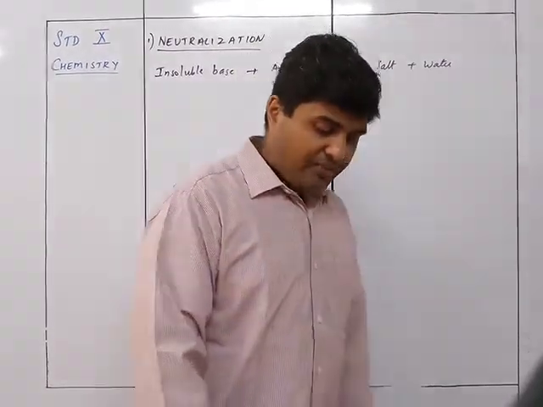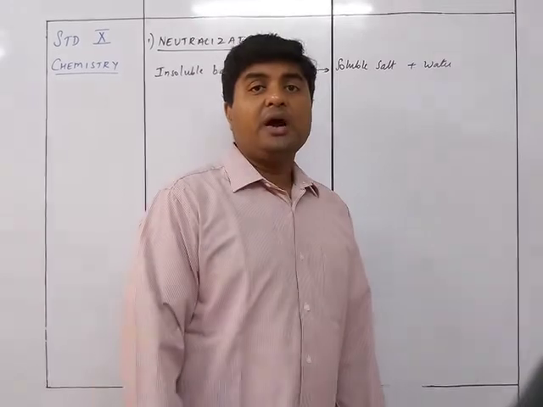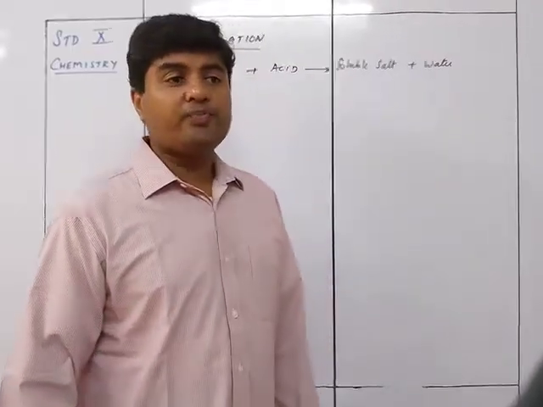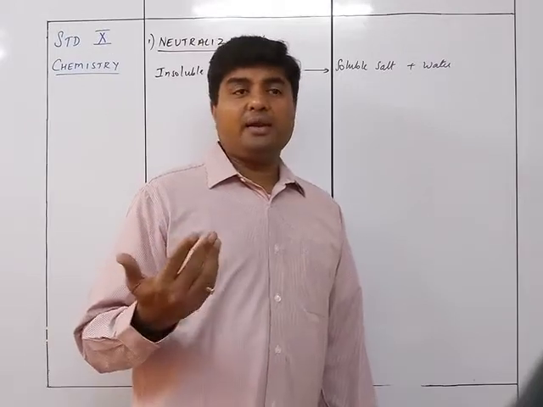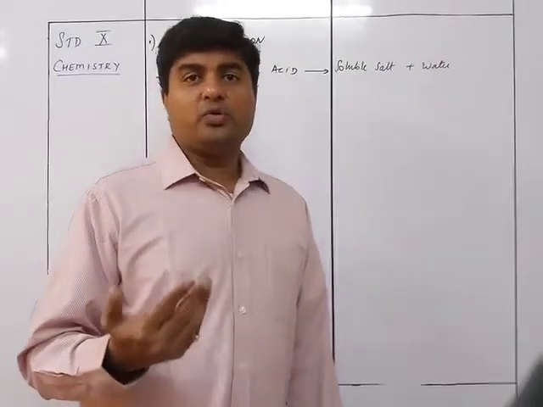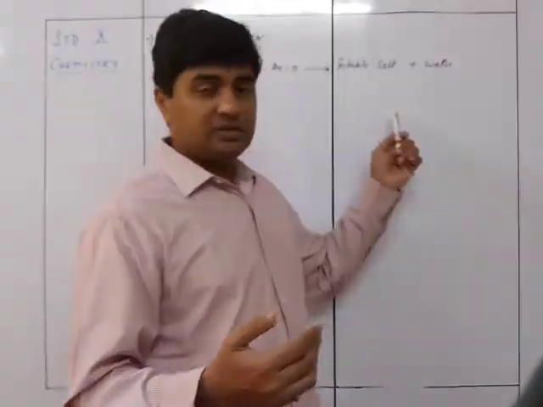So if I'm using any oxide or hydroxide of copper, lead, iron, or zinc and reacting it with an acid, it is going to give me the respective salts with water.